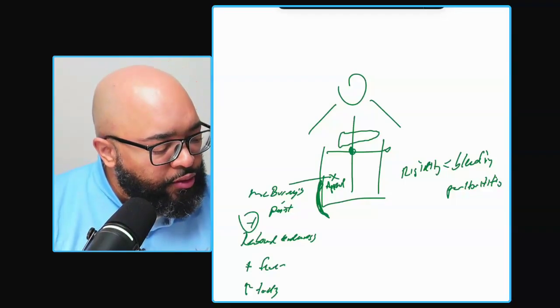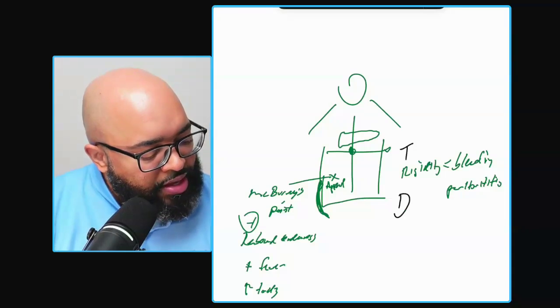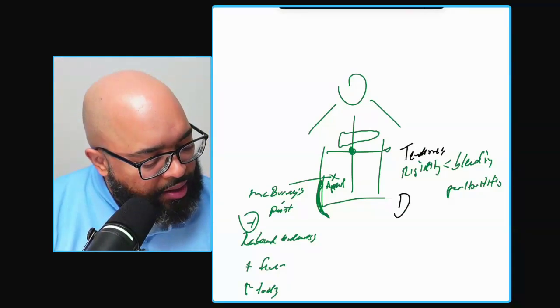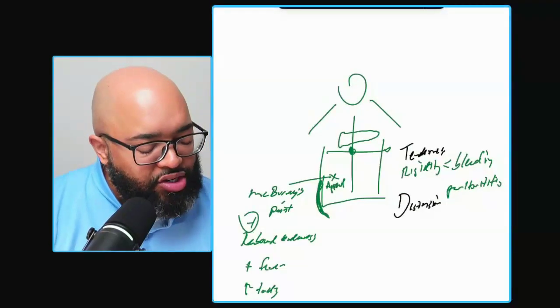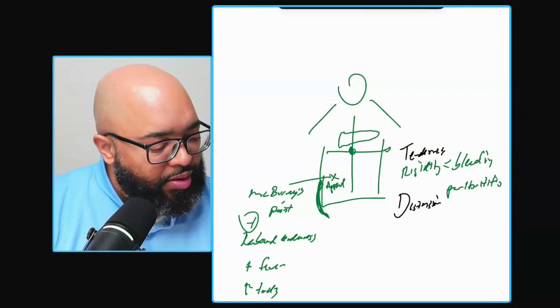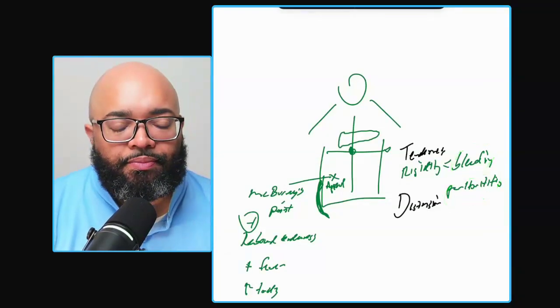So we're looking for rigidity. So I say TURDS: tenderness, rigidity, or distension. So if they describe a patient with a tender, rigid, distended abdomen, we're thinking the two top things are going to be bleeding or peritonitis.